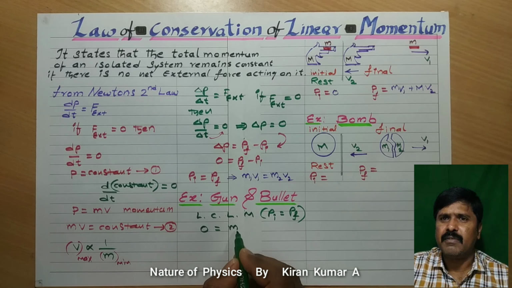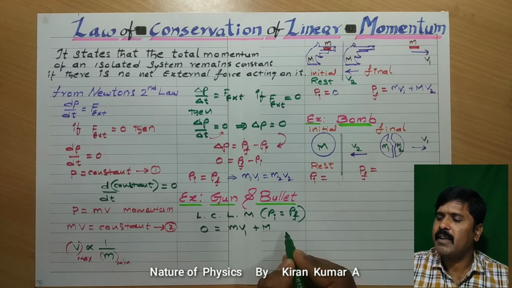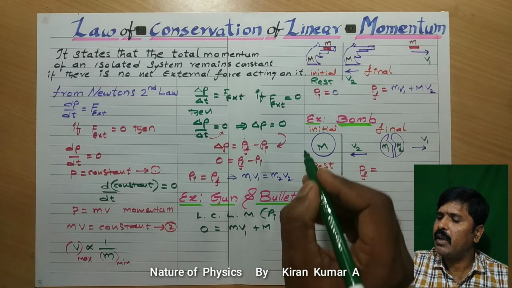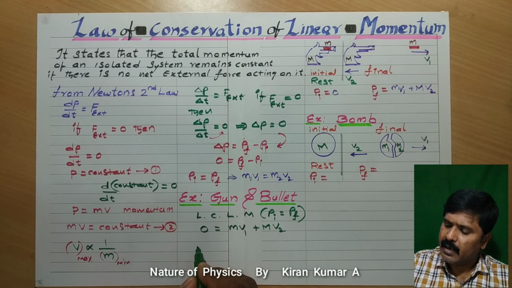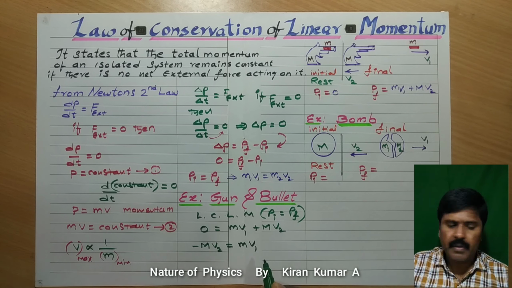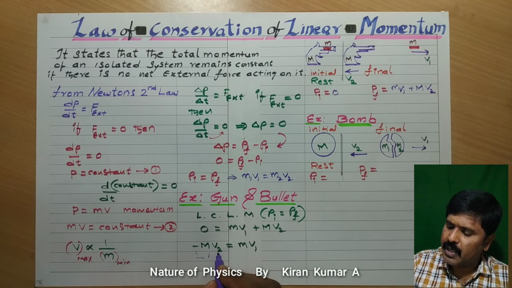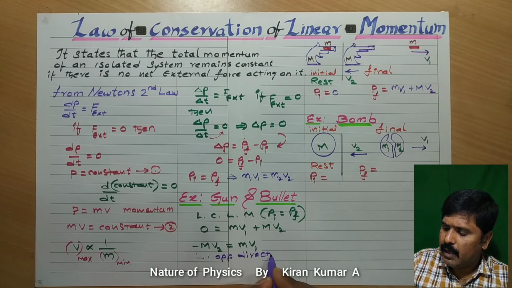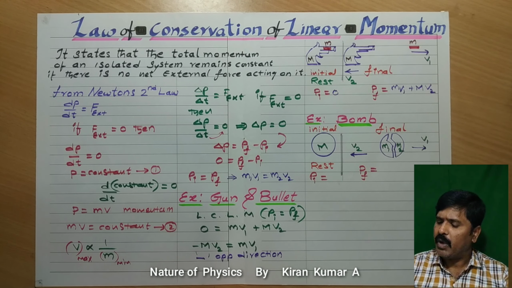Small m is the mass of the bullet which is moving with velocity v1, and capital M is the mass of the gun which is in the opposite direction with velocity v2. So I can write capital M minus v2 is equal to m v1, students. The minus represents the opposite direction.